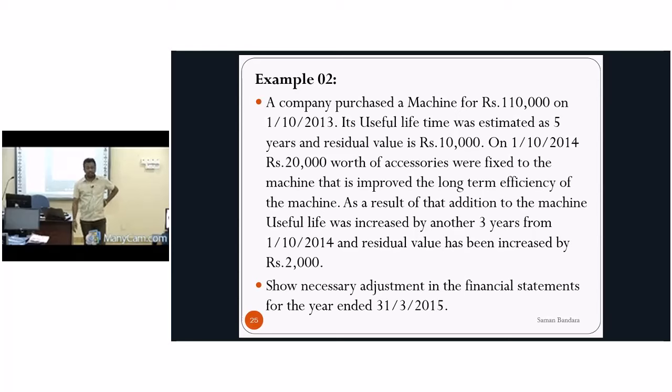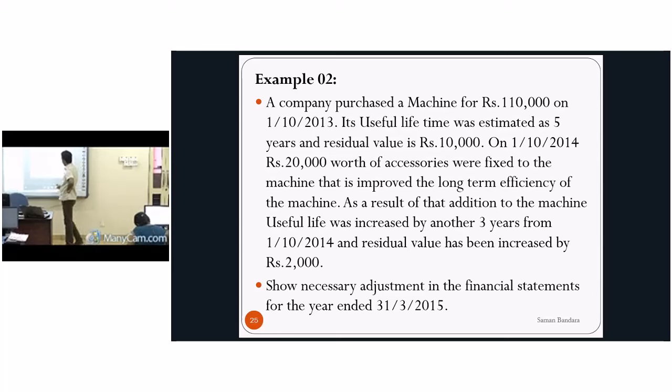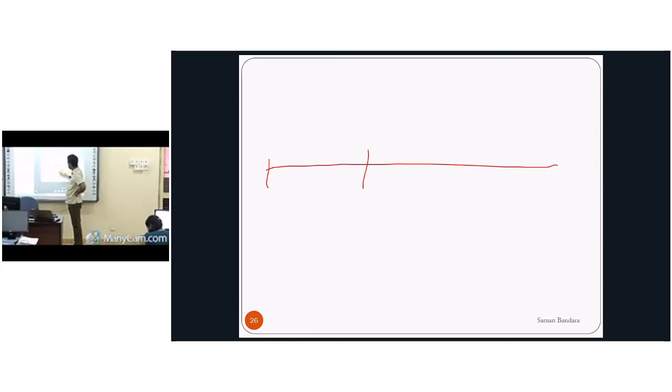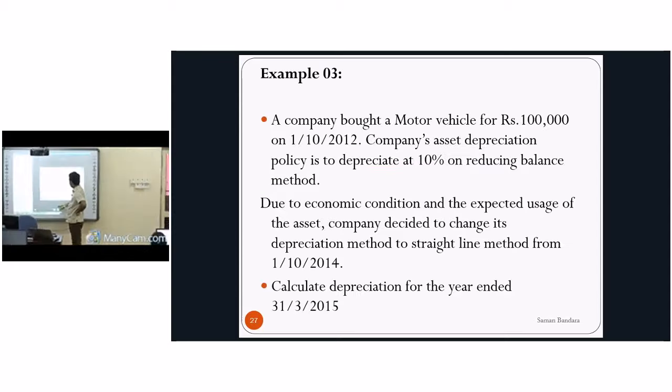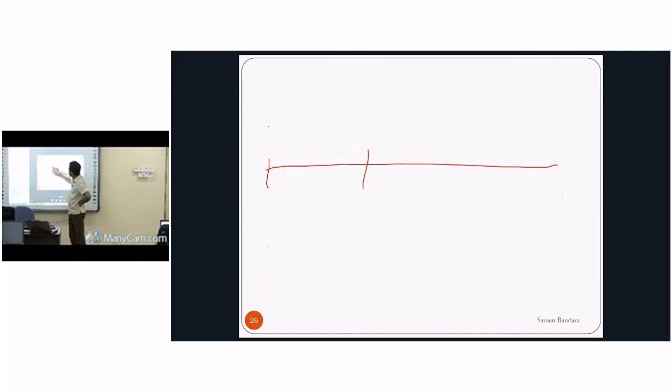Then the third point, you have to prove with calculations how to take this prospective application. Be careful with the calculations here, a little difficult. This is October 2013, somewhere here.